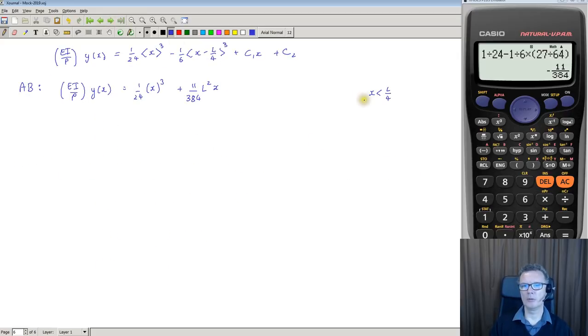So that is that for that section. So I can see now that we're defining y to be going downwards in my convention. For BC, slightly more interesting here.